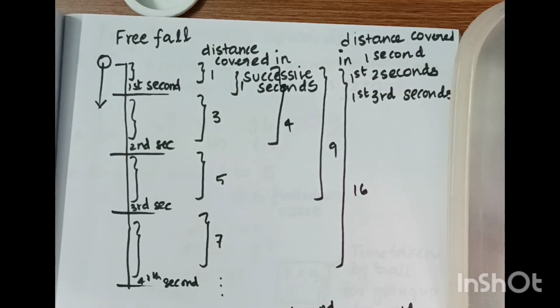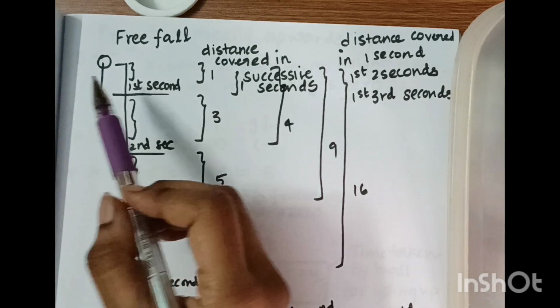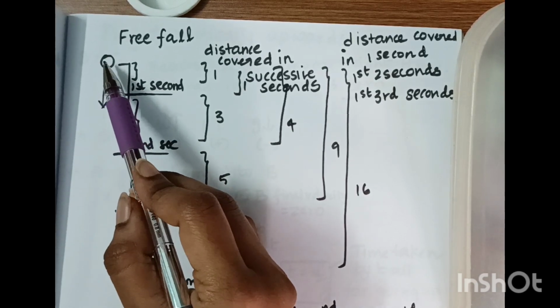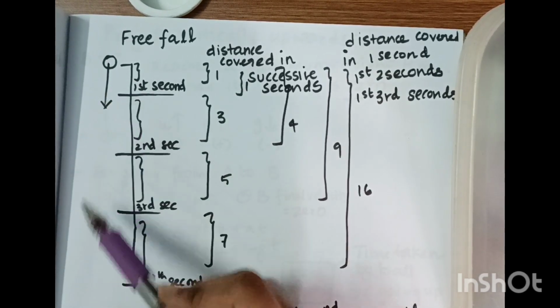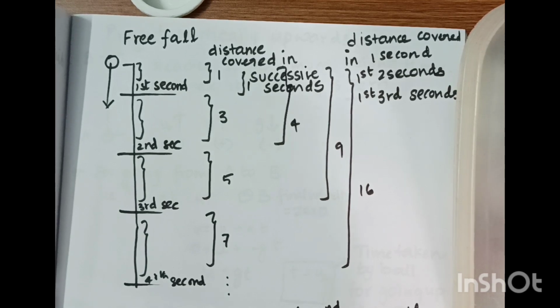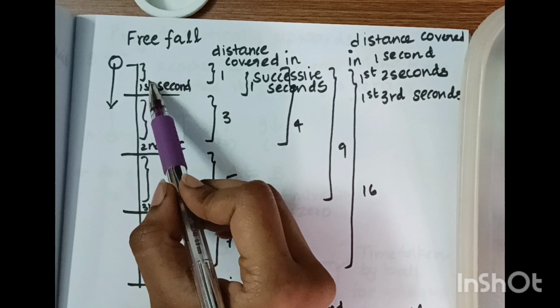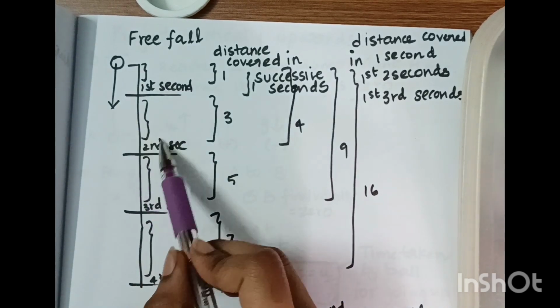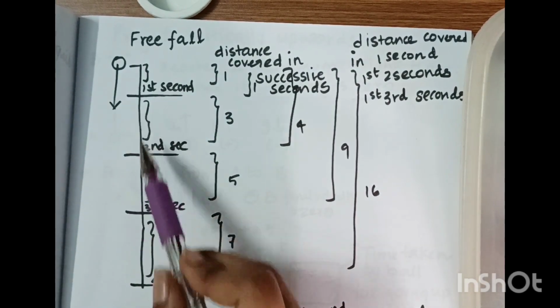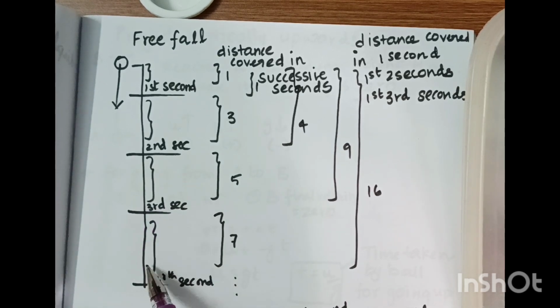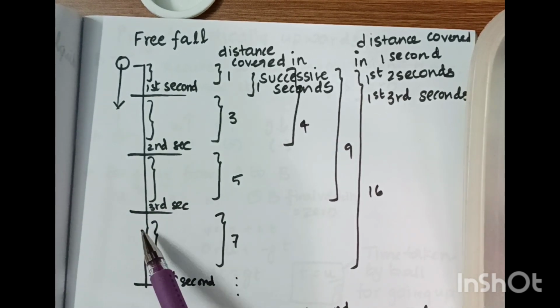So let us consider a free fall case. Suppose the body is made to undergo free fall motion and we are just dropping it like this from a certain height. In the first second it is covering this much distance, in the second second it is covering this much distance, and in the third second this much distance, and in the fourth second this much distance.